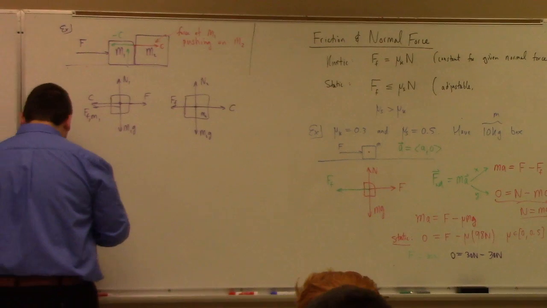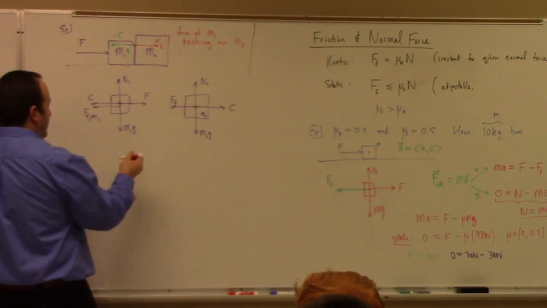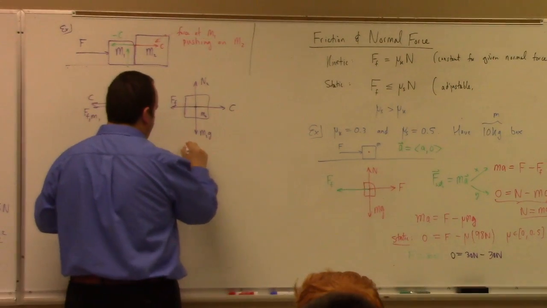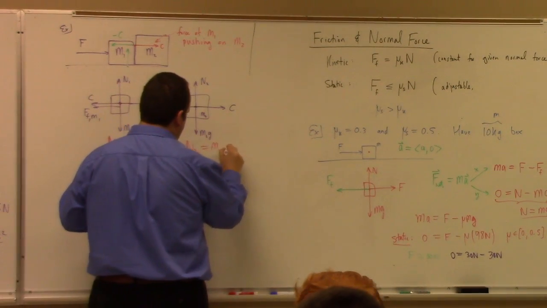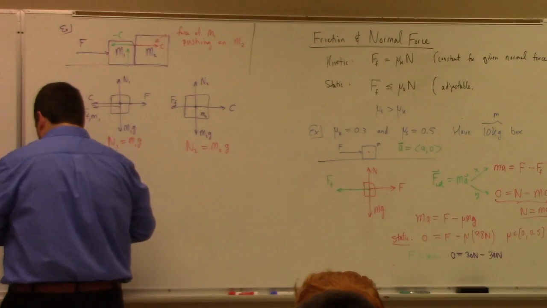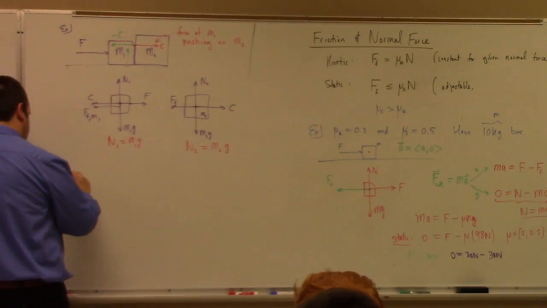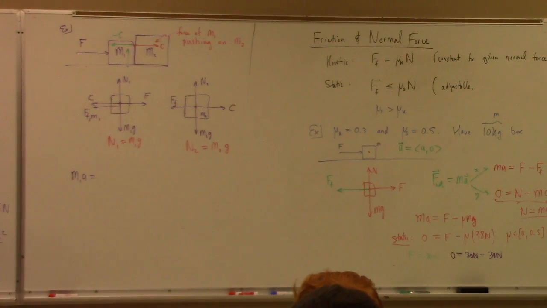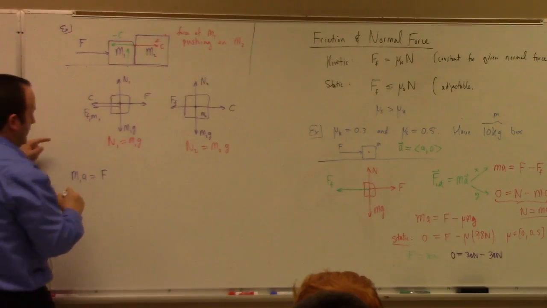Basically the vertical just gives us that N1 is equal to M1G. Over here you get N2 is equal to M2G. And then we just go back and do the same thing we did before. So M1A, what's Newton's second law for the first mass? Well, I've got my pushing force, and then what?